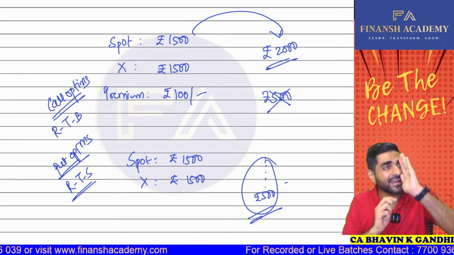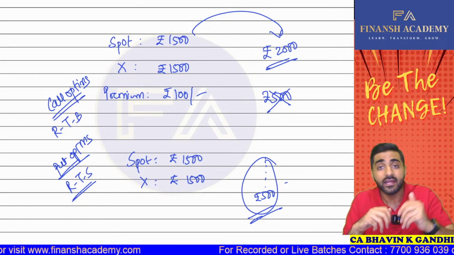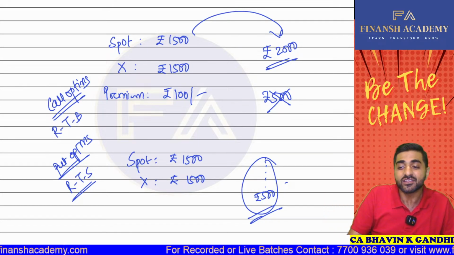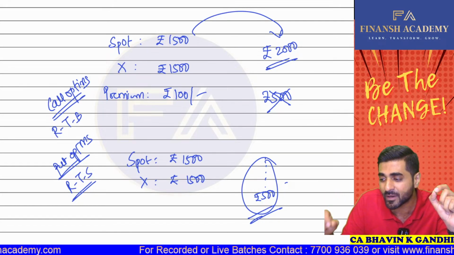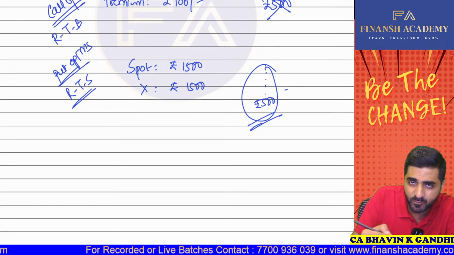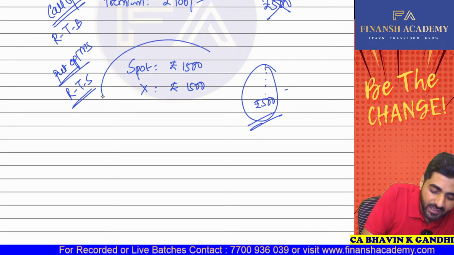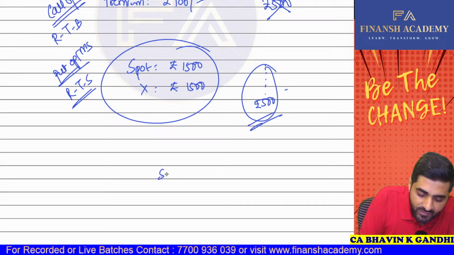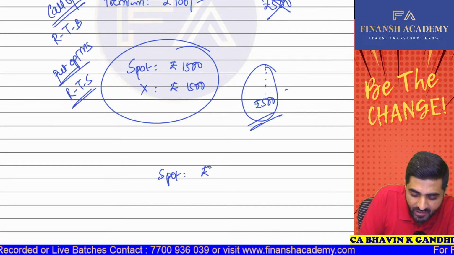So as I can have a bullish view about a stock, it is very much possible that I can have a bearish view of a particular stock as well. When I have a bearish view, I will first enter into an agreement where the spot price is, let's say, 1500.